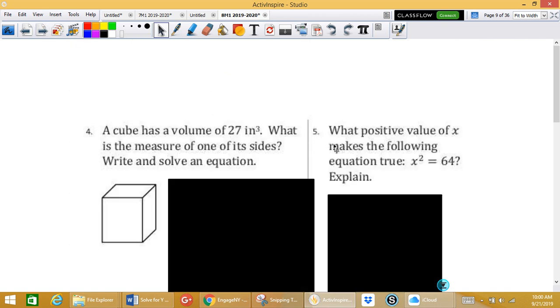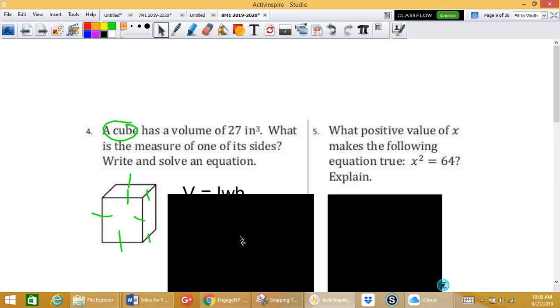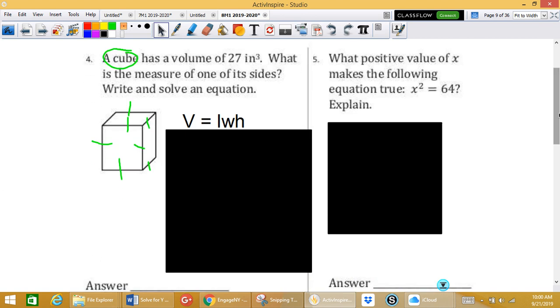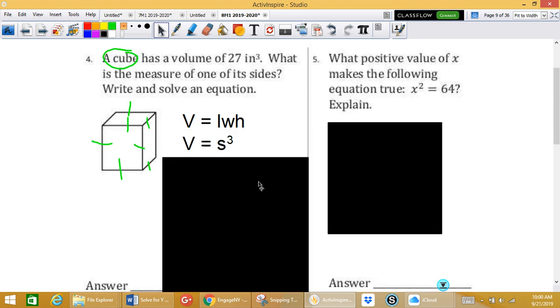A cube has a volume of 27 inches cubed. What is the measure of one of its sides? Okay, so again, we're talking about a cube, so that means all these sides are equal. They all have the same measurement. So we start out with length times width times height. That's the volume formula. But seeing that we're talking about a cube and everything's equal, its volume equals s cubed, or s to the third.